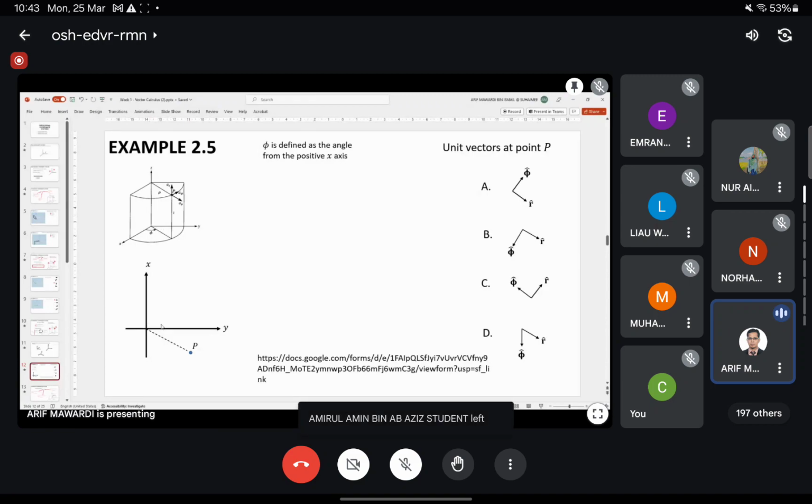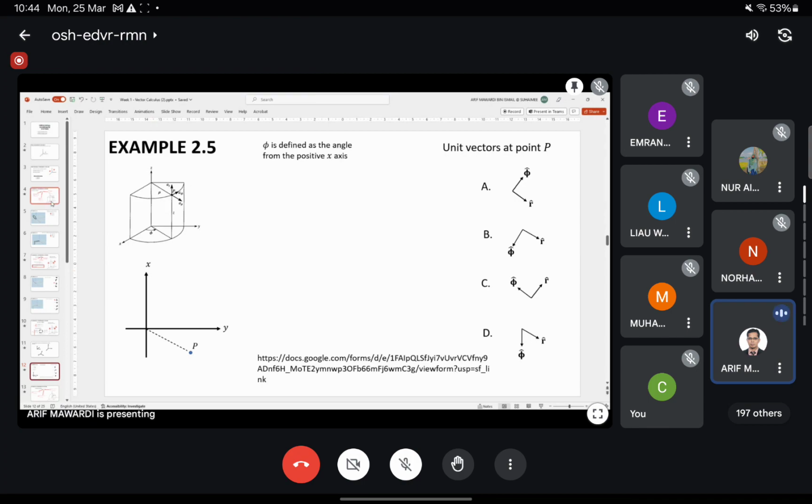But this is equally valid, to draw our coordinate system like this, where we draw the x-axis upward and y like this. Even though I draw my coordinate system like this, the definition of the coordinate variables remains the same.